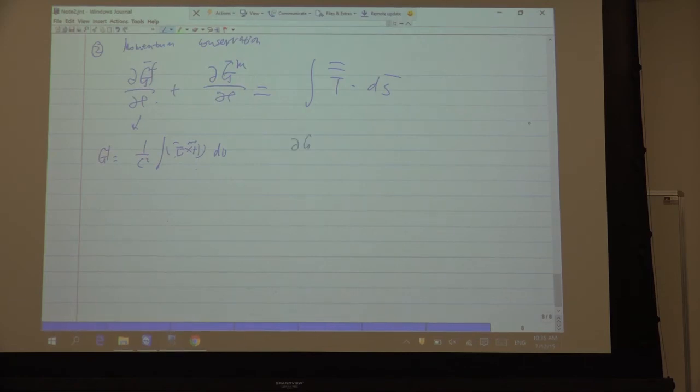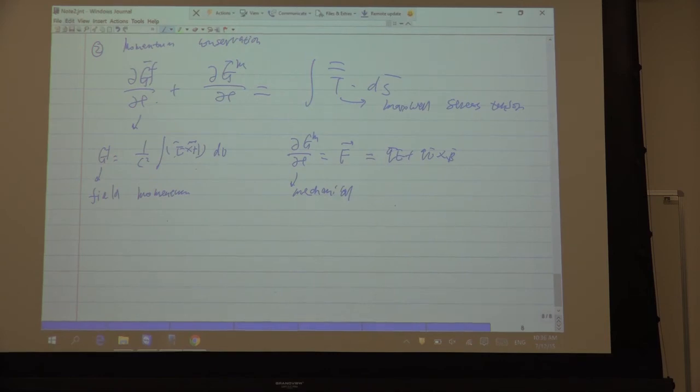The dG_m over dt is just F, the mechanical momentum, just qE plus qv cross B. This is mechanical, and this is the field momentum. Adding them together gives the Maxwell stress tensor. This is the momentum conservation law.